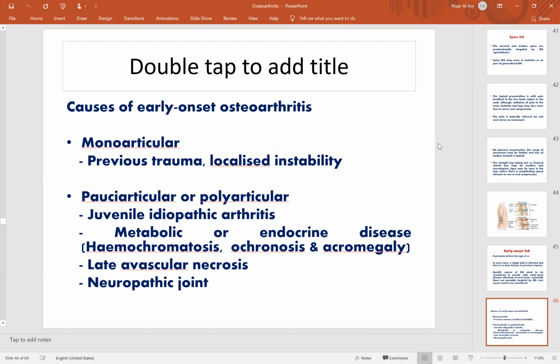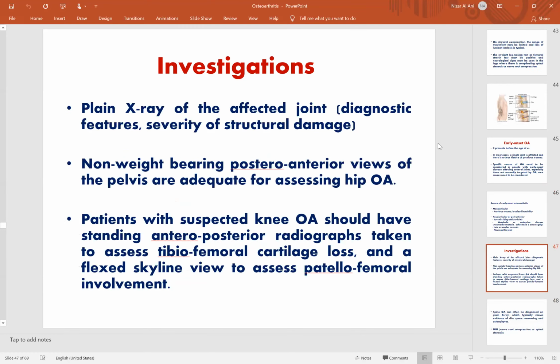Polyarticular, mainly the inflammatory causes, mainly juvenile idiopathic arthritis, and metabolic or endocrine disorders like hemochromatosis, ochronosis, acromegaly, all of which could lead to early development of osteoarthritis. Late avascular necrosis: the end sequela of avascular necrosis is development of osteoarthritis, mainly of the hip. Charcot joints also end with osteoarthritis.